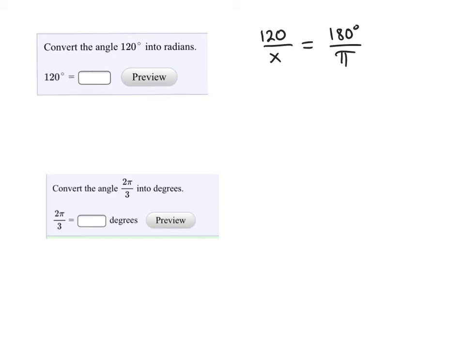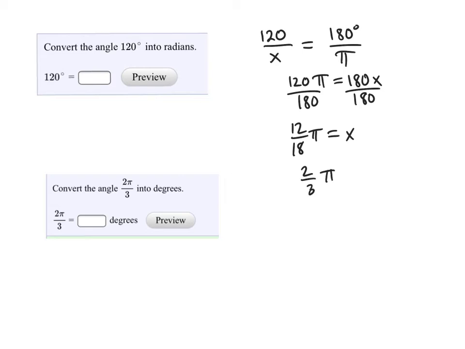So if you cross multiply and solve here, 120 pi equals 180x, and divide by 180, eventually you can figure out that this is 12/18 pi, which reduces to 2/3 pi. So that is one way to do it.